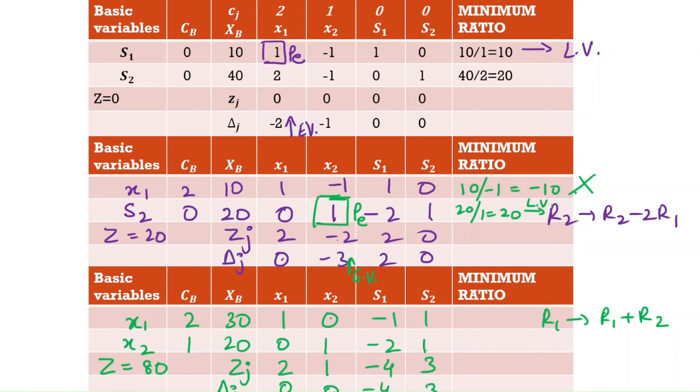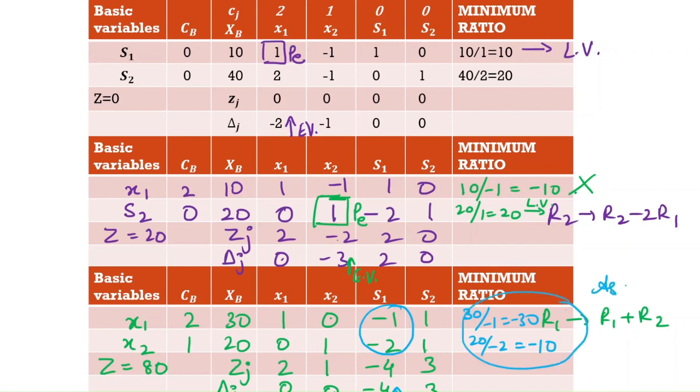So according to the process, minus 4 is the most negative, but here you will notice that these two are again negative, right? The coefficients of s1 are negative in this column. So if I find out the minimum ratio, this would be 30 upon minus 1, that's minus 30, and this is 20 upon minus 2, that's minus 10. So both are negative, so I'll not be considering these two.